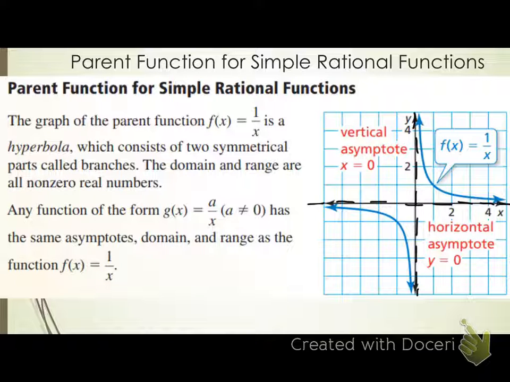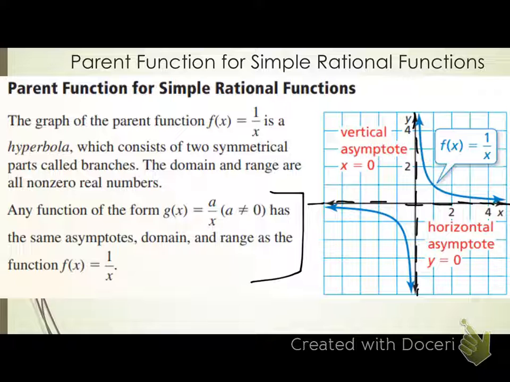Any function of the form g of x equals a over x, where a does not equal 0, has the same asymptotes, domain, and range as the function f of x equals 1 over x. You need to know that. If I get any function that's got any number just over x besides 0, it's going to have the same asymptotes, same domain, and same range as 1 over x.